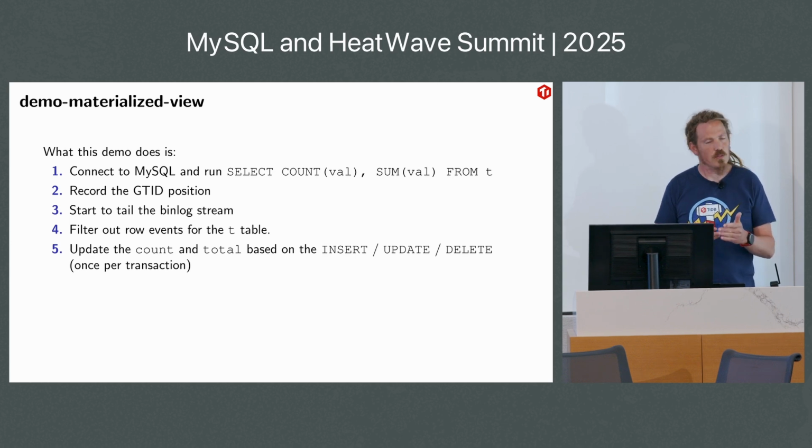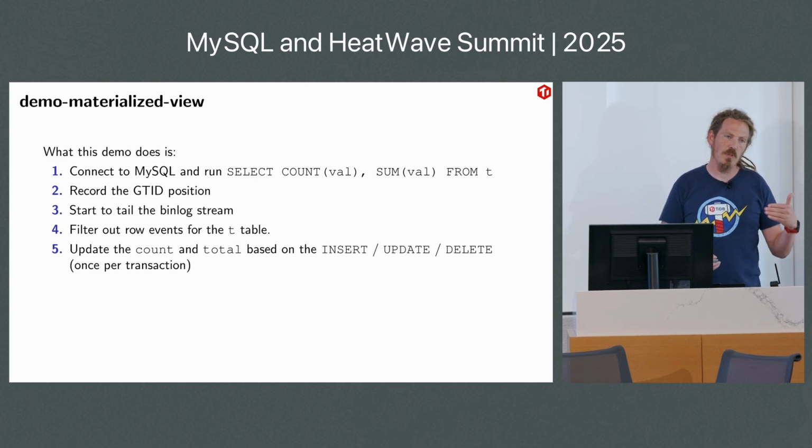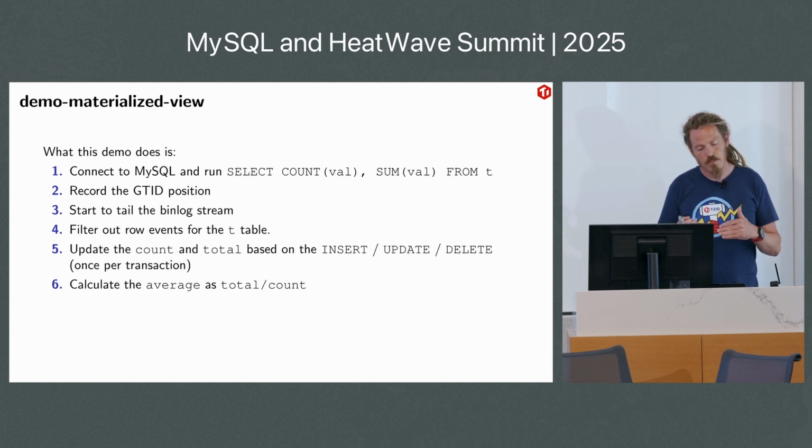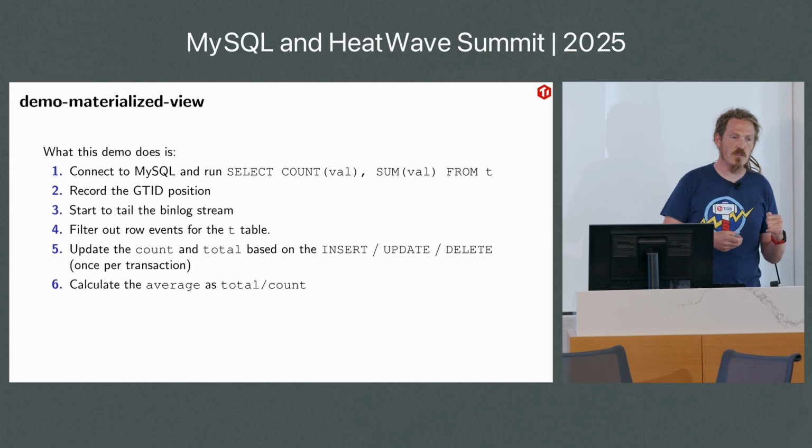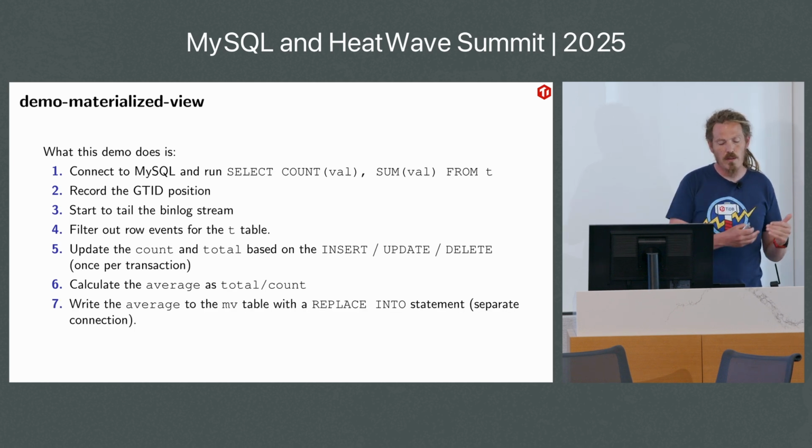So it does this for every transaction. A transaction can be a single row, it can be 20 rows, it can be 1,000 rows, but then it will update these counters, calculate a new average, and write back the average to the MV table.